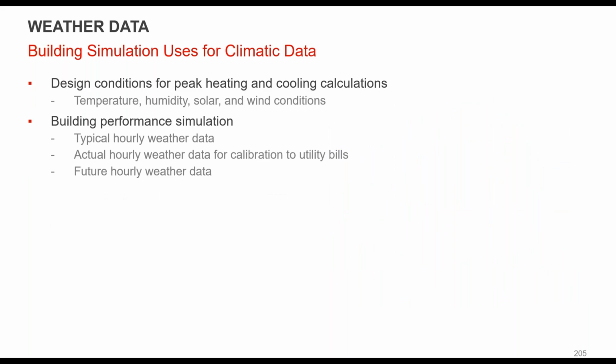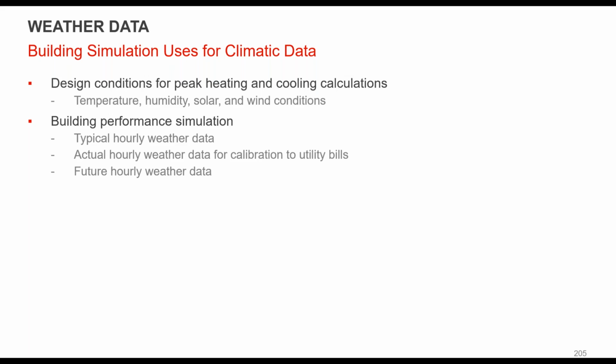In simulation, we need multiple ways of looking at climatic data or even weather data. We use design conditions for peak heating and cooling, and we have a great resource I'll show you a little later from the ASHRAE Fundamentals, talking about temperature, humidity, solar, wind, and other variables as well.